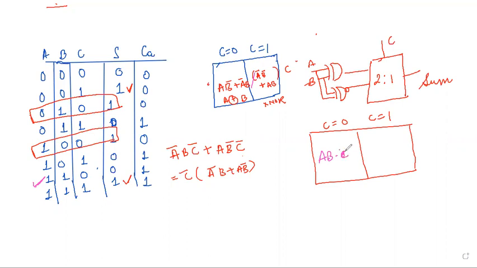We don't need to write C bar because it is represented by C0.